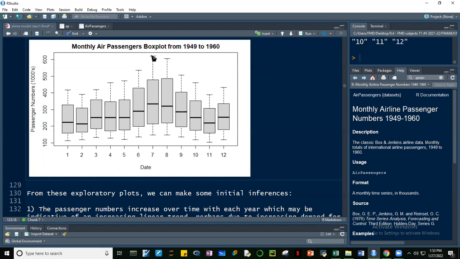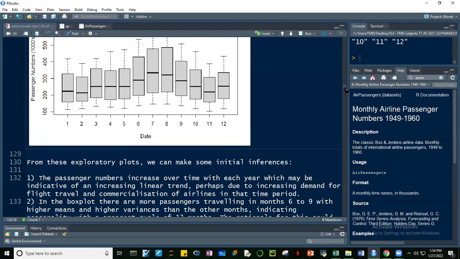So the passengers peak in June, July, August. February and November are the lowest.